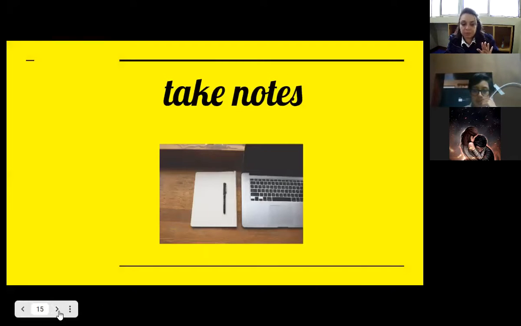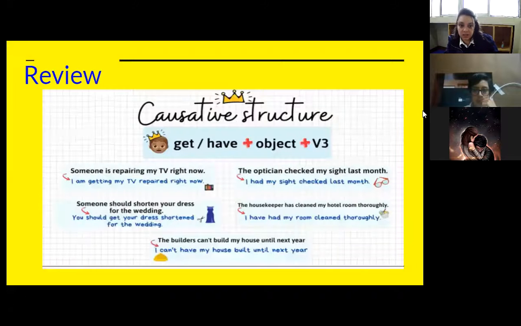Now take note. If you want to make a screenshot or if you want to copy, this one is the structure or some examples that you can have right there, how to change it. So this one is the review. You can take a screenshot or you can copy the structure, and this is going to be better for you.